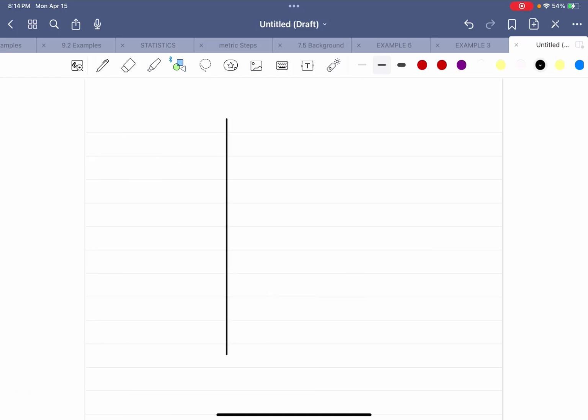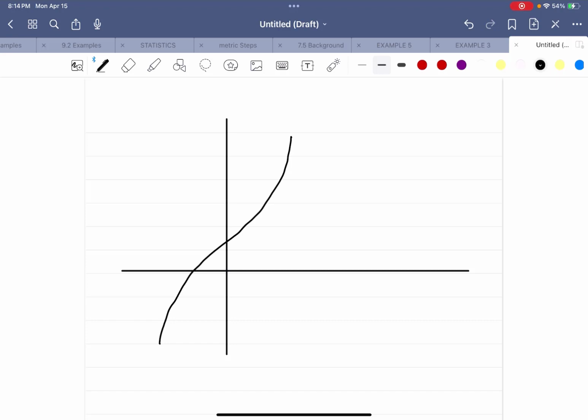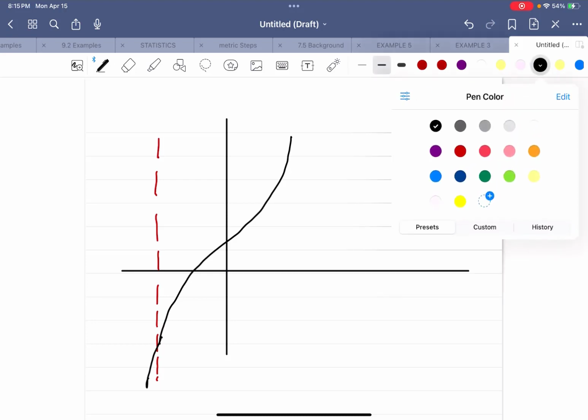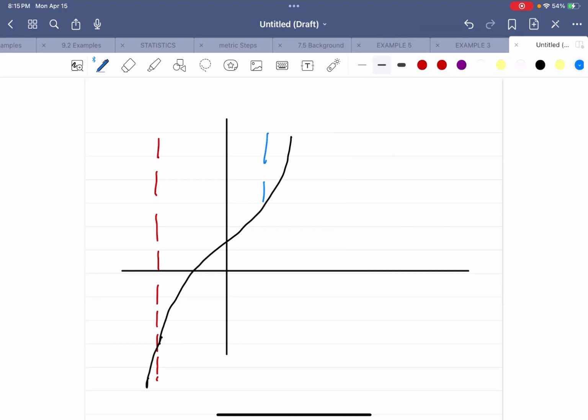So let's say you have a cubic function, and you've got a vertical line over here, like this, and you've got a vertical line on the right-hand side. So they're going to give you those. So let's say this is x equals -6, and this is x equals 2.